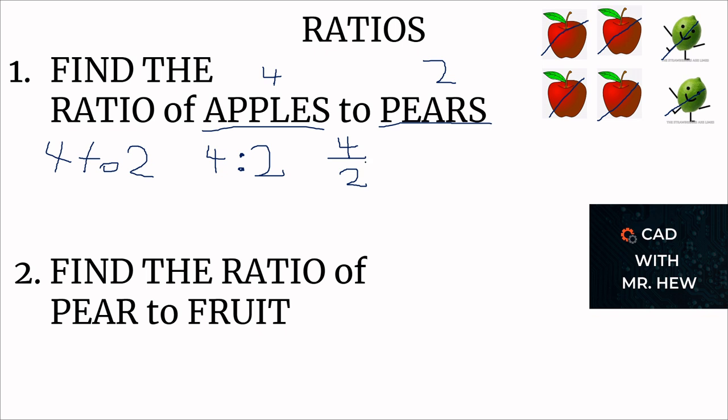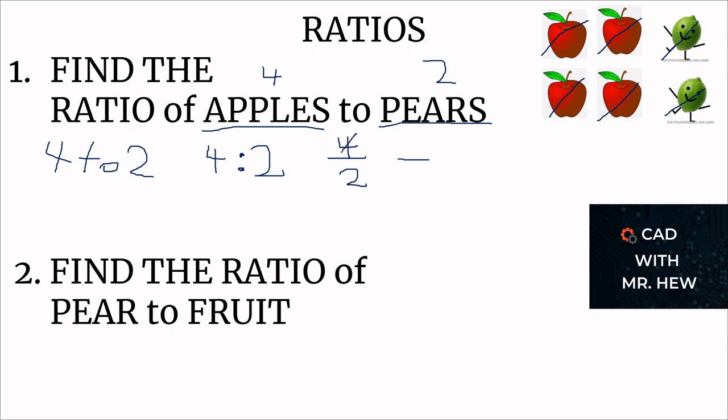Now, just like fractions, we need to simplify the ratio, right? So we need to look at the ratio, which is 4 upon 2, and see if it can be simplified. So what we need to do is look at the highest common factor that can divide the two numbers. And in this case, it would be 2. So 2 can divide 2, and 2 can divide the number 4.